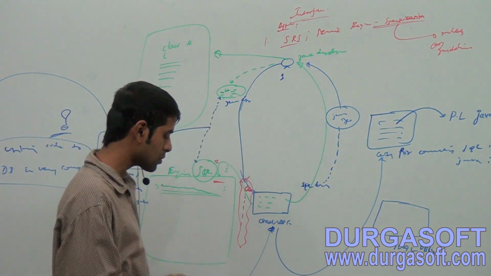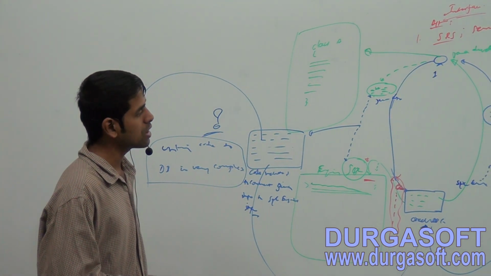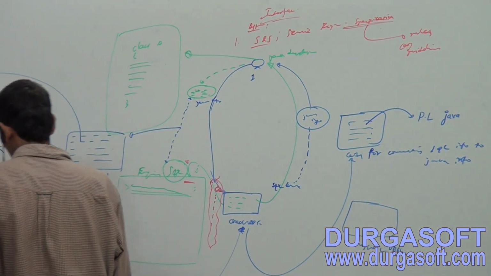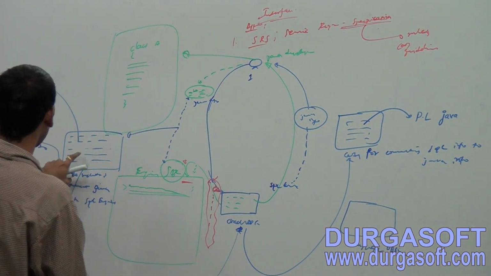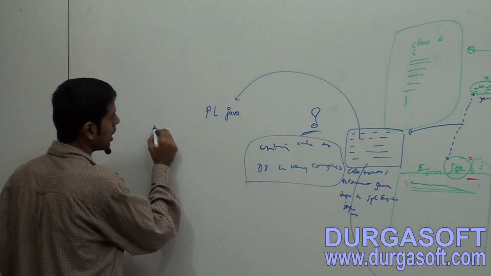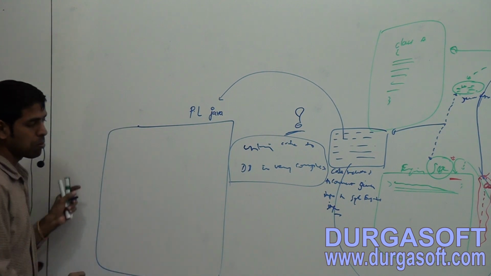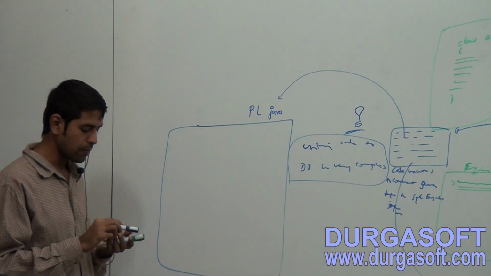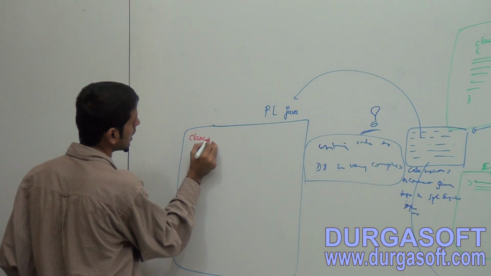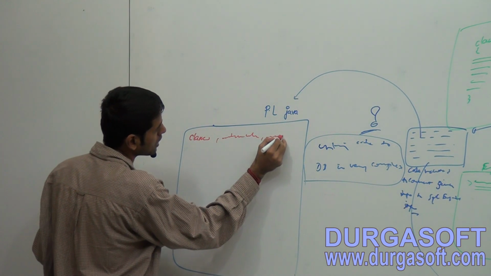Okay, now observe this part. If they are writing this code using the Java programming language, which elements and which properties do they have to use? Simple. Observe here, they must use classes, abstract classes, interfaces.